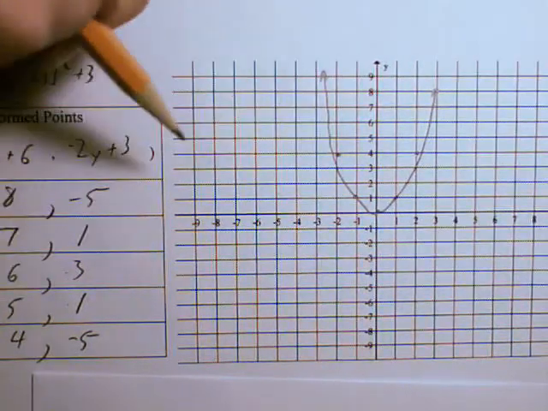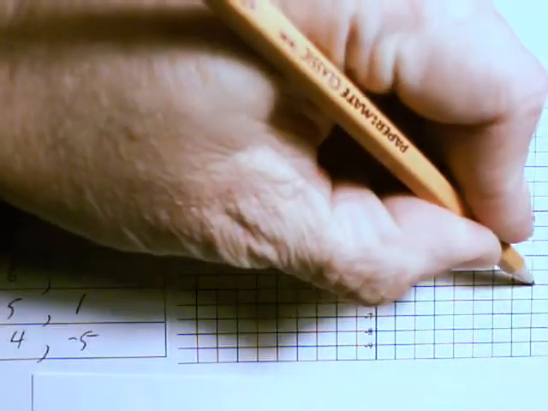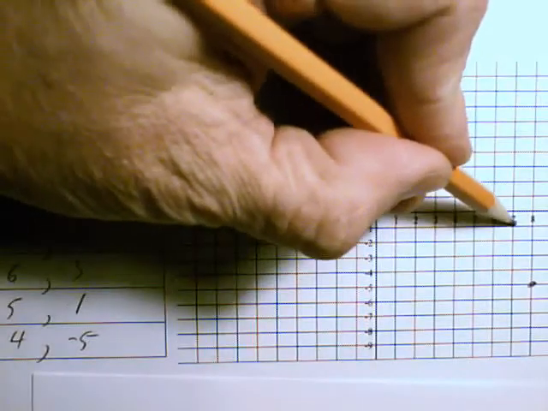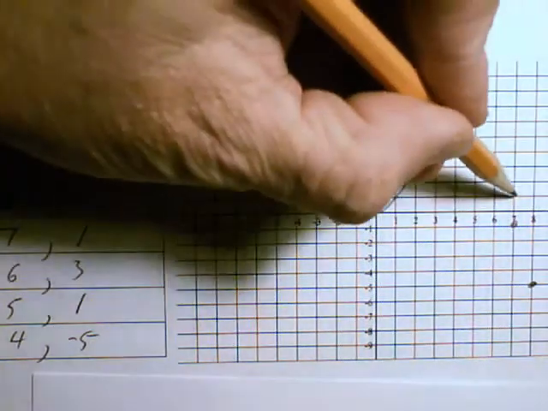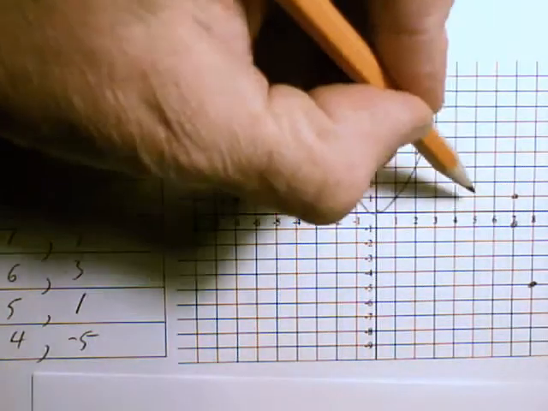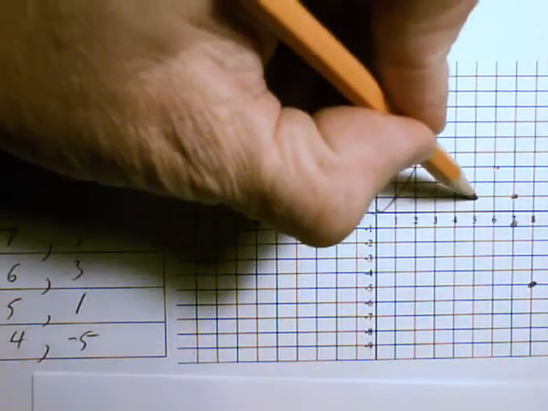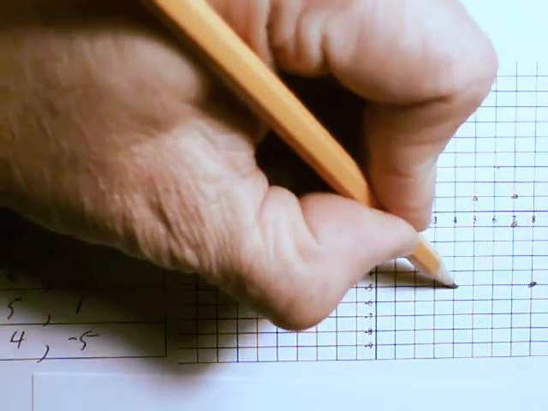So we will have 8, negative 5. 7, 1. That should be up there. 7, 1, 6, 3, 5, 1, and 4, negative 5.